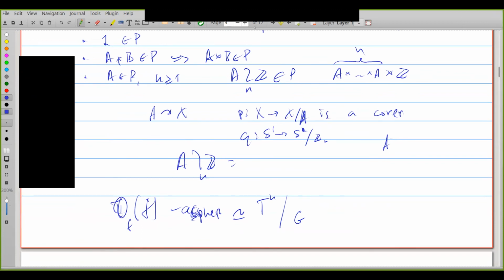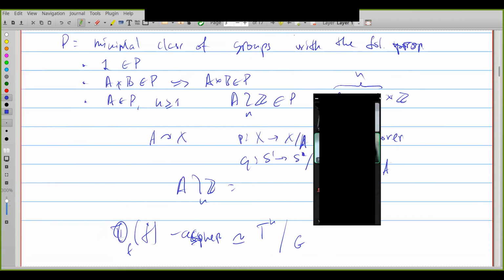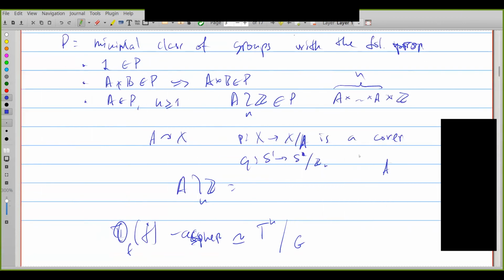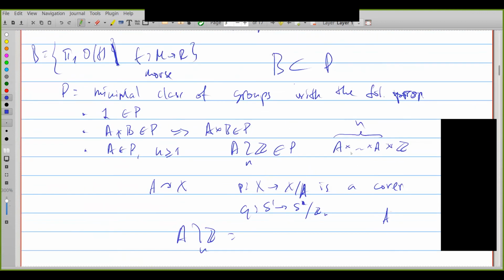I have one question connected with the structure of this complex of homotopy groups, which you called minimal closure of groups.